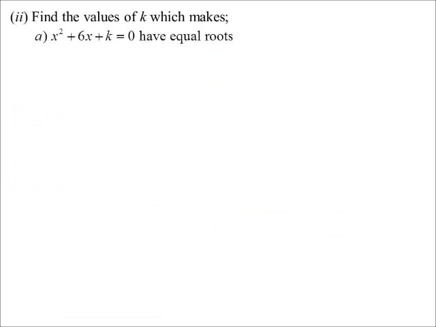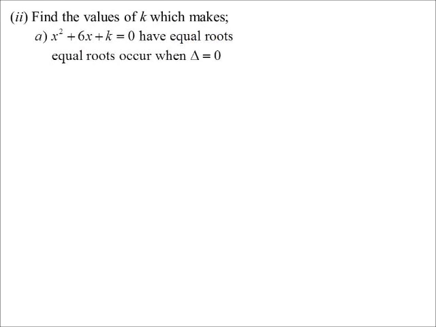All right, well now we're going to have an equation where, depending on what the value of k is, will change the nature of the roots of the equation. So if we want this equation to have equal roots, what value or values can k have? In order to have equal roots, the discriminant would have to be 0, because that's when we said we had two equal roots.